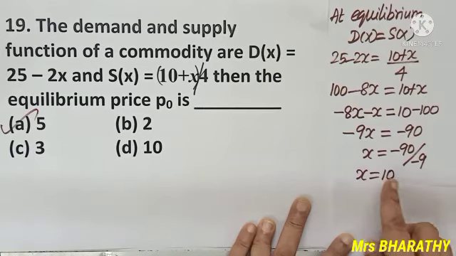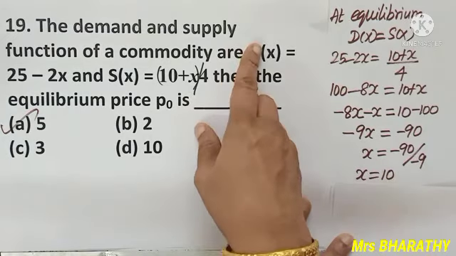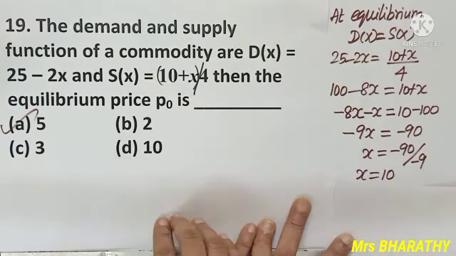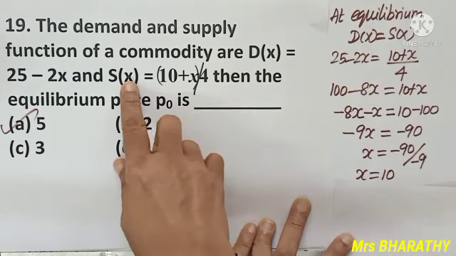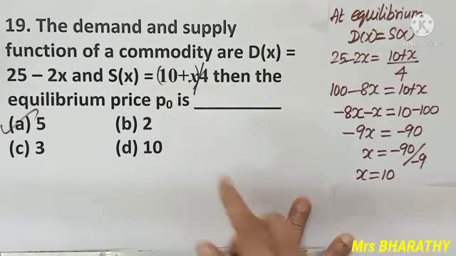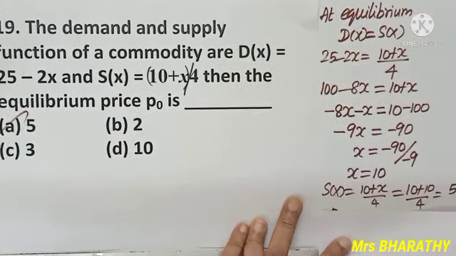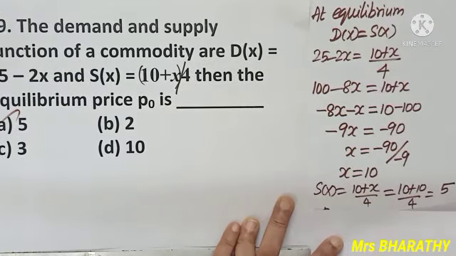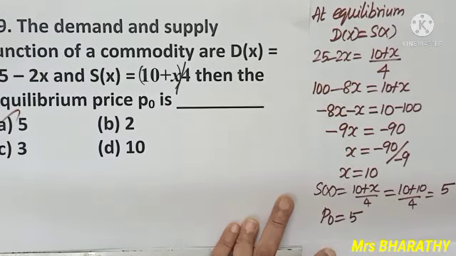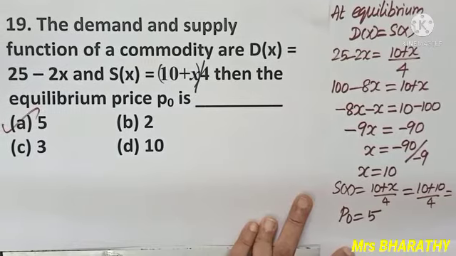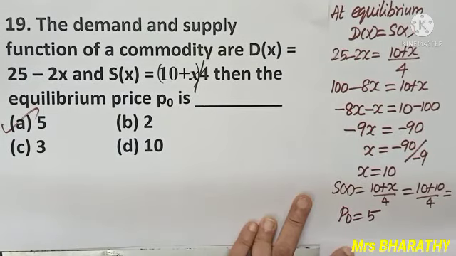So, substitute 10 either in d of x or s of x. As I substitute here, it is 10 plus 10 divided by 4. That reduces to 5, and so the right answer P naught equal to 5, option A is a suitable choice.